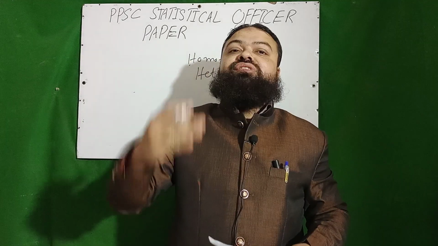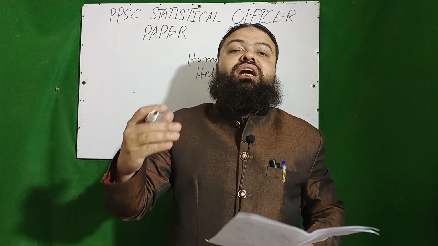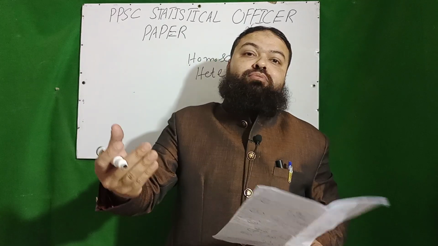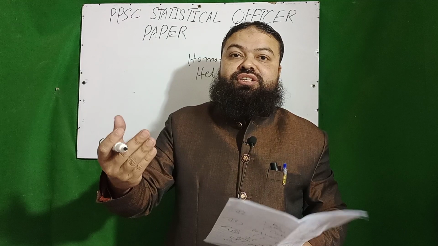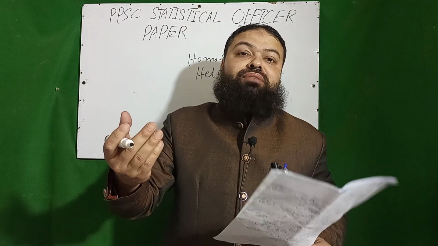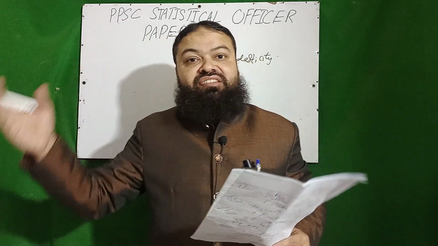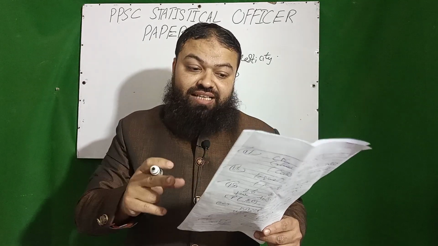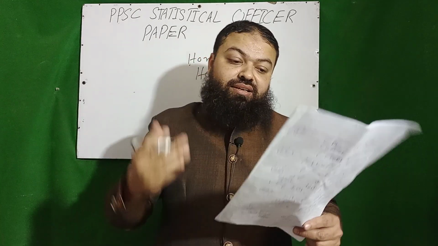All the values of the test statistic which support rejecting the null hypothesis will be the rejection region, and apart from this there will be the acceptance region. So rejection region is also called critical region.